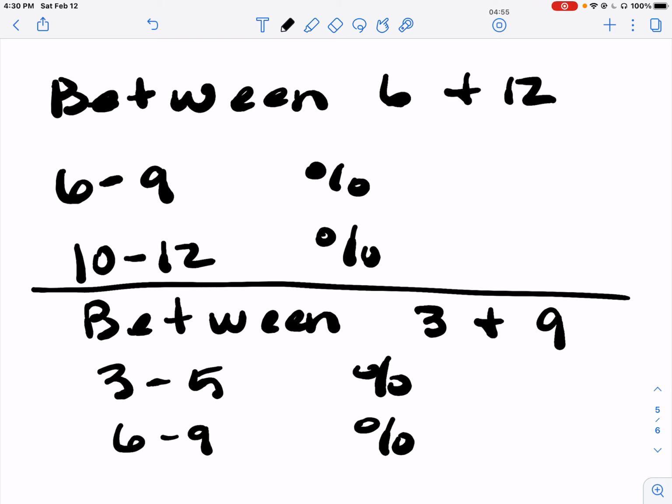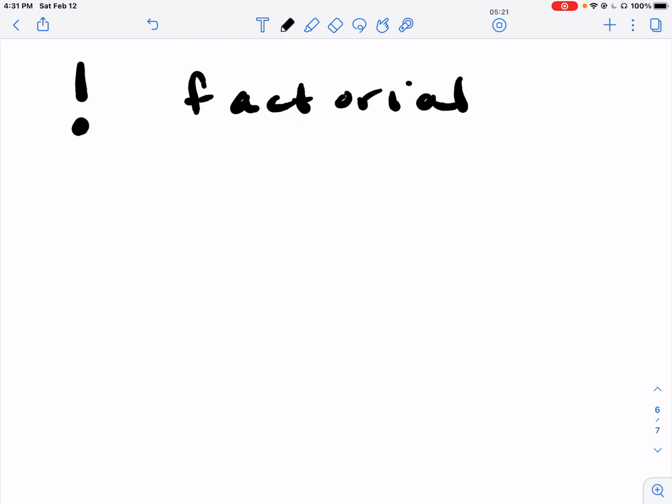Okay, first before we do 7, 8, and 9, we need to talk about 6 through 9. We need to talk about what this means, okay? It's called factorial, okay?